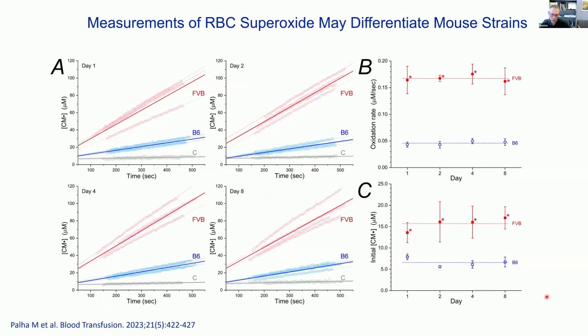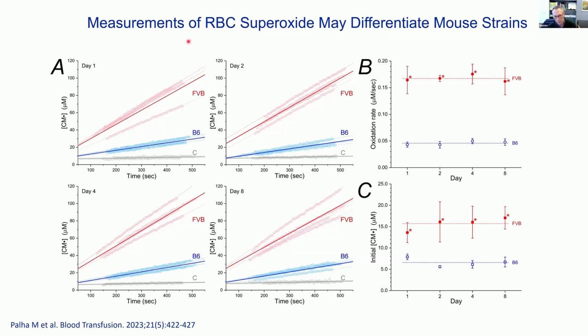And if we take a look at the FEB mouse versus the B6 mouse, which have genetic differences, the FEB is a bit predisposed really to the formation of oxygen radicals such as superoxide.